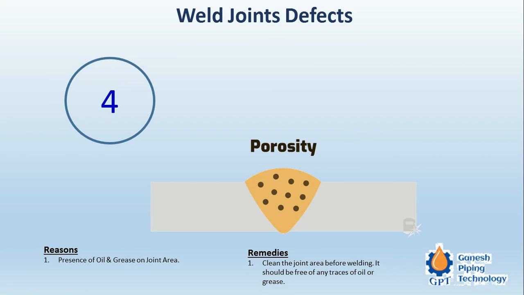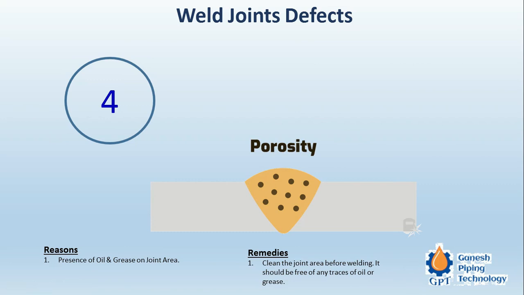Porosity is nothing but gas bubbles which get stuck inside the molten metal. This will of course lower the strength of the weld, and the reason for this is oil or grease on the plates.